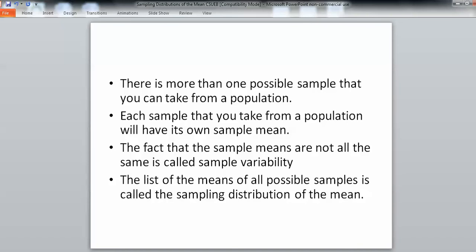First, we need to talk about the idea that there's more than one possible sample that can be selected from a population. Let's say that I go to a university that has 20,000 students, meaning the student population at that university includes 20,000 people.